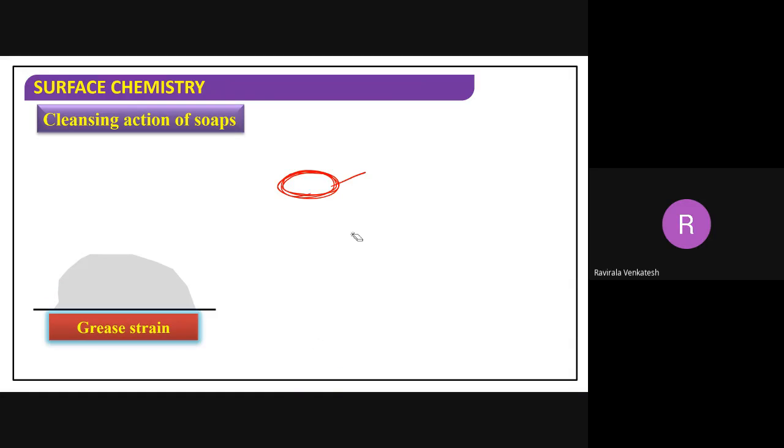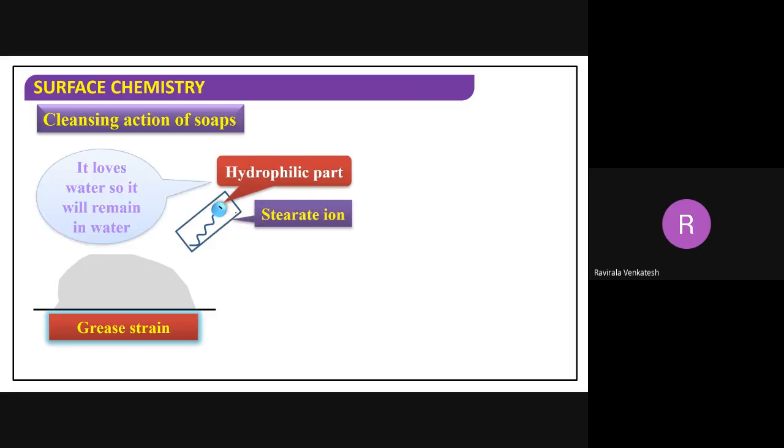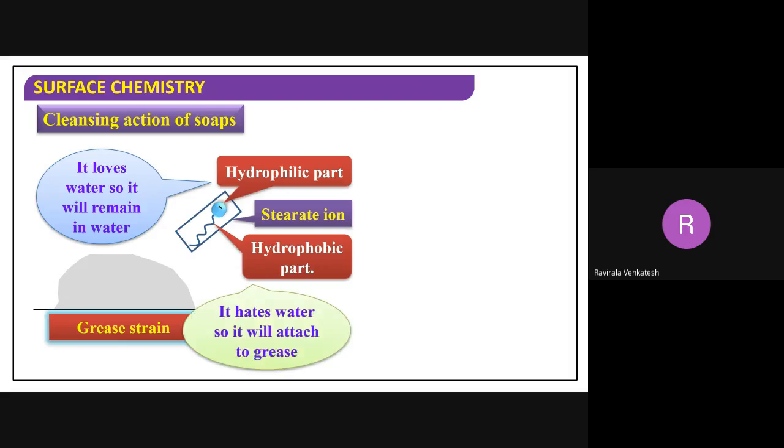Now you take this as a stain, a grease product, the dirty particles. Now when you are adding this into soap, what is happening? A micelle is formed. This is a colloidal soap particle.